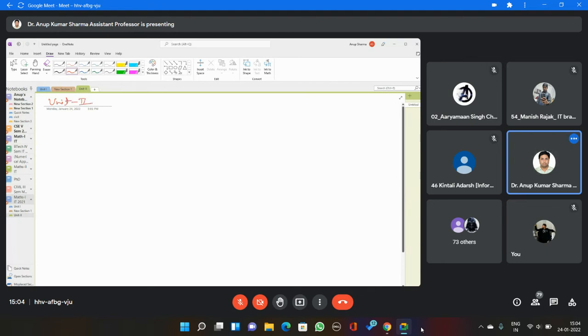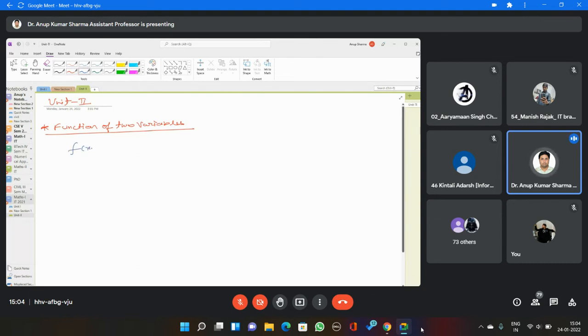Unit two. So first, function of two variables. Okay, a function of two variables we can define like that.